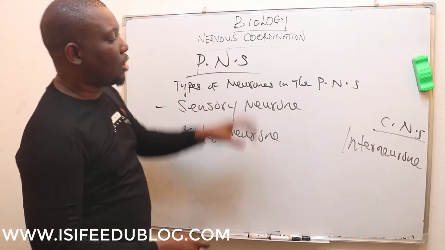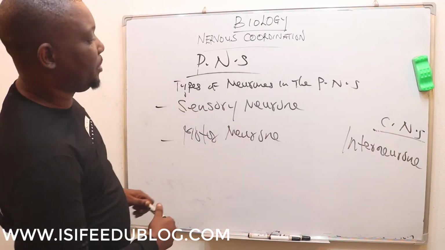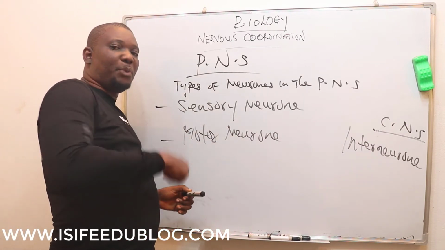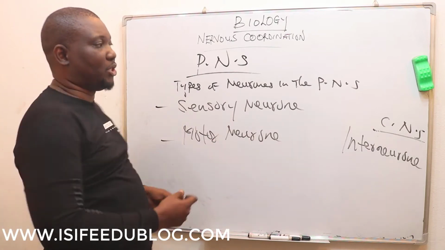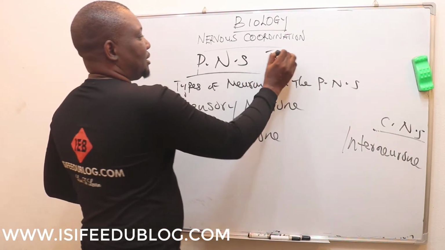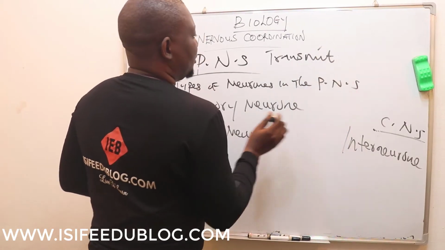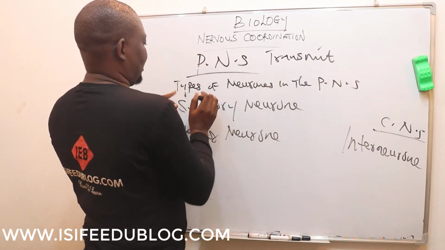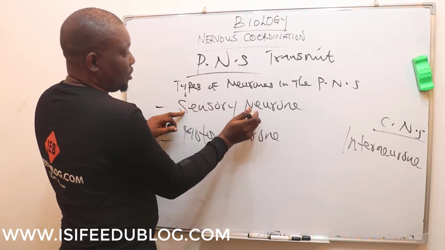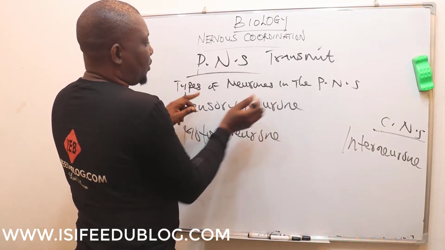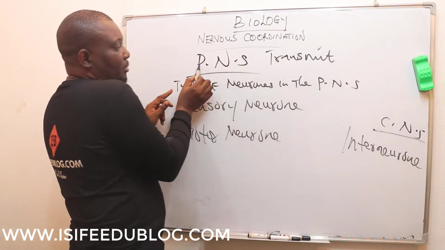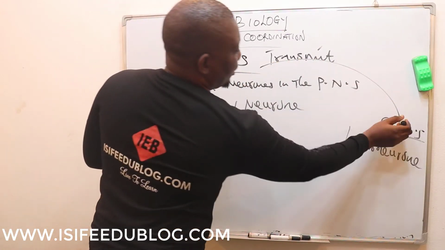The sensory neuron is a type of neuron in the PNS that transmits impulses or information from the PNS to the what?